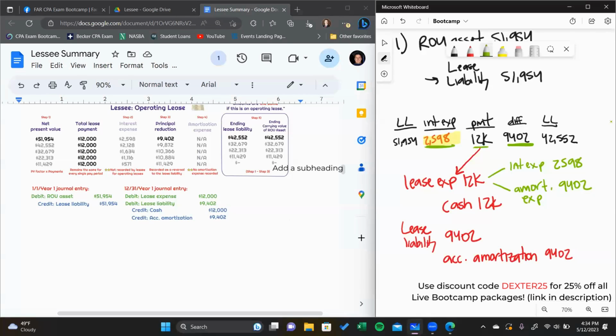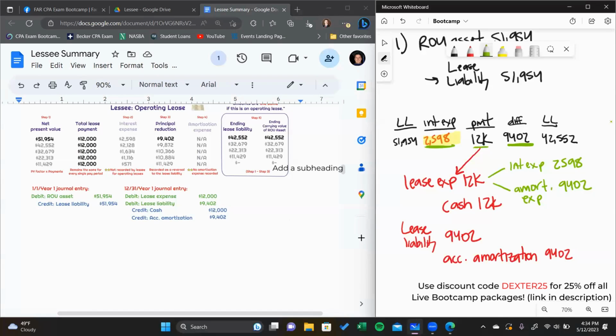Essentially, what we're doing with operating leases is our lease expense is fixed, right? And we're assuming that part of that is interest expense, and then we're just plugging for the difference. The difference between our total lease expense for the year and our interest expense, we're assuming is just amortization expense. It's not really important because we're not actually recording interest or amortization expense.